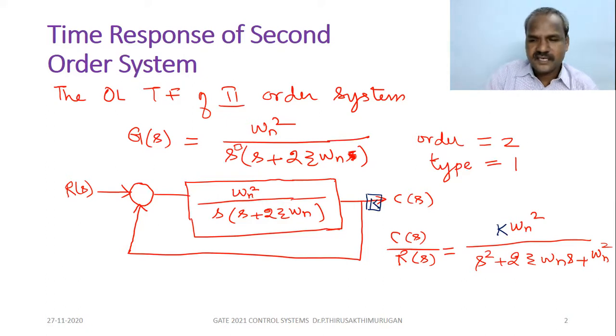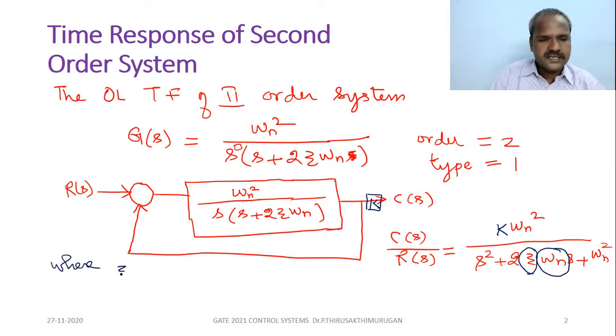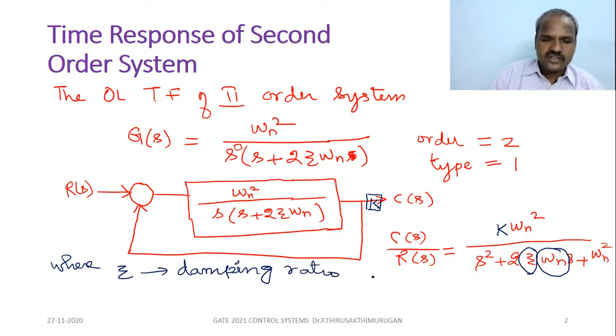So here zeta is called damping coefficient, damping ratio. This omega n is called natural frequency of oscillation. Where zeta equal to damping ratio, or damping constant or coefficient.